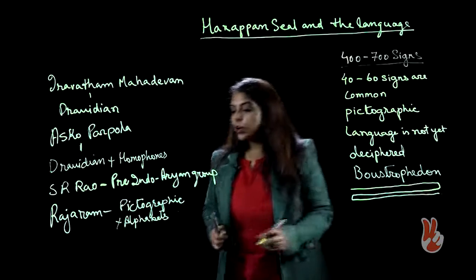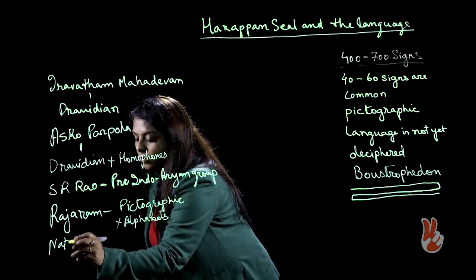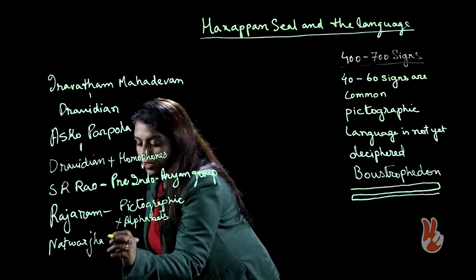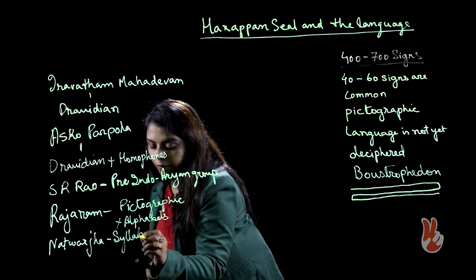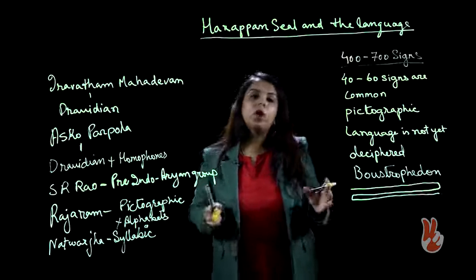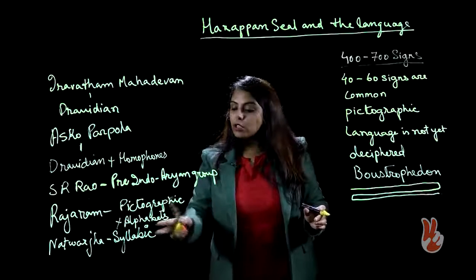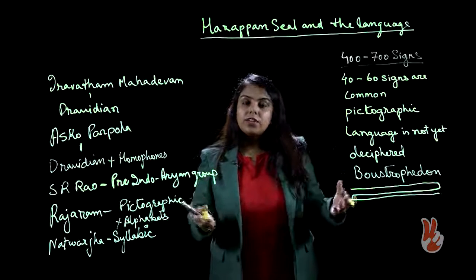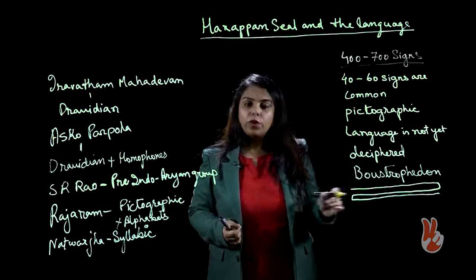There is another historian called Natwar Jha. Jha suggests that the script is syllabic and does not have any vowel. He also suggests that the script may have some connection with the Brahmi script of India.